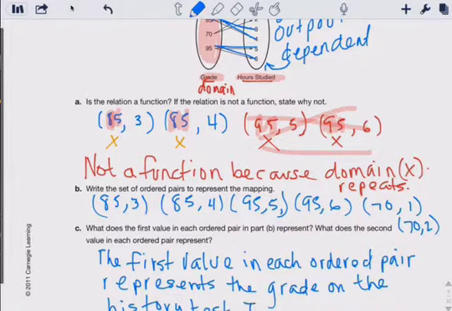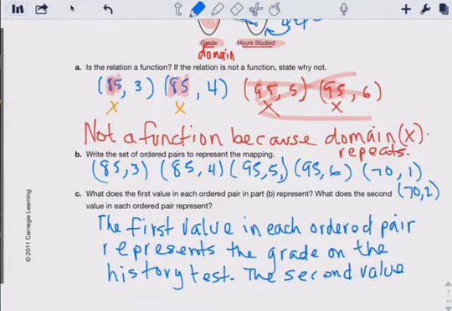The second value is hours studied. Okay. Now, next page.